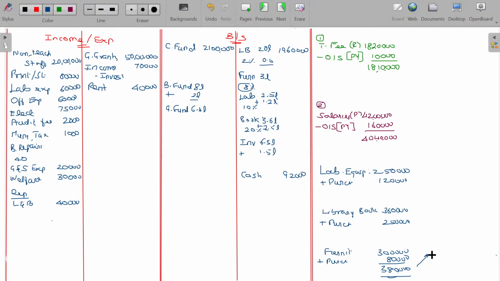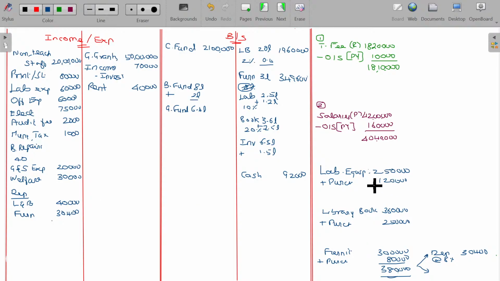So depreciation in this case at the rate of 8% is 30,400. And the balance will be 3 lakhs 49,600. Depreciation on furniture, 30,400.